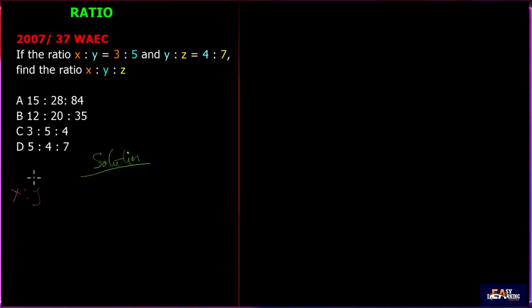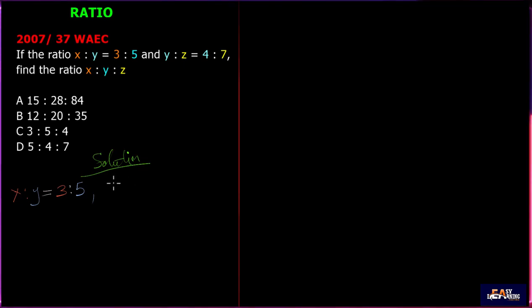There are two sets of ratios. We have the first, x is to y, which is equal to 3 is to 5. And we have another one, another set of ratio.